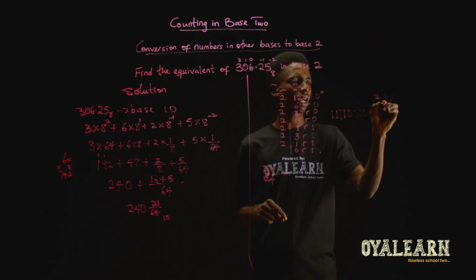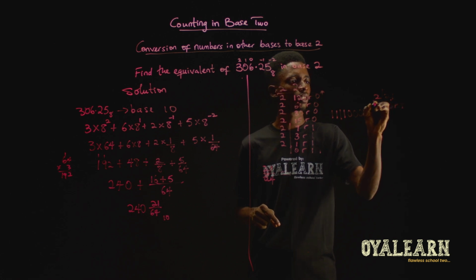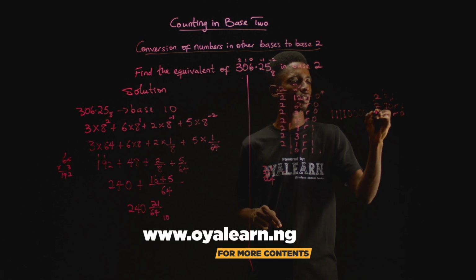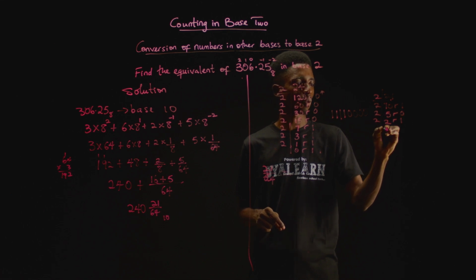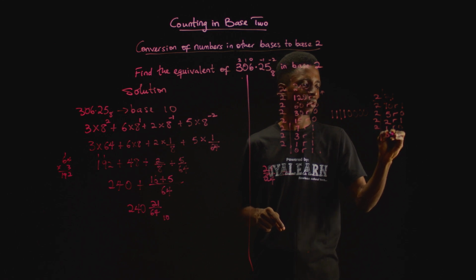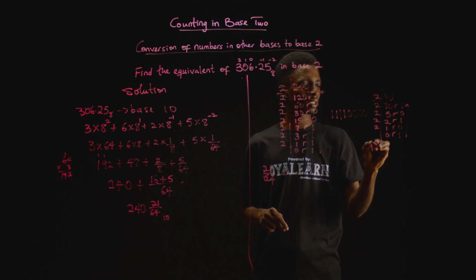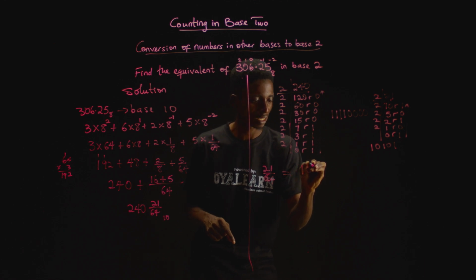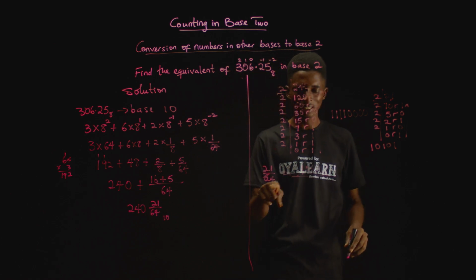Now 2 in 21 is 10, remainder 1. 2 in 10 is 5, remainder 0. 2 in 5 is 2, remainder 1. 2 in 2 is 1, remainder 0. And 2 in 1 is 0, remainder 1. So here we have 1, 0, 1, 0, 1. So we write out the numerator 10101 over. Now let's find 64.